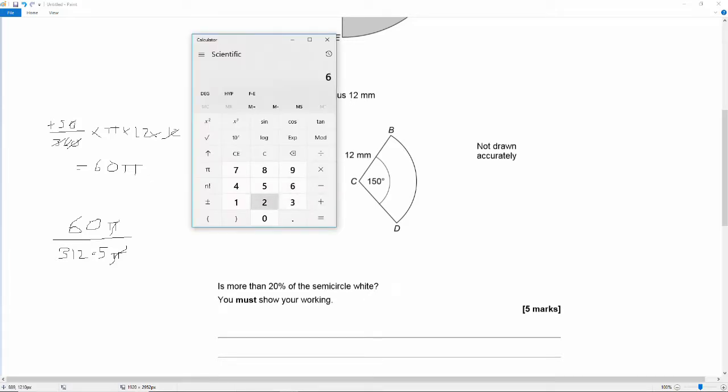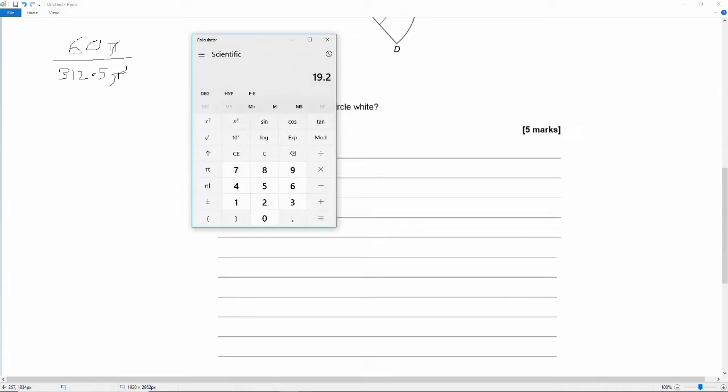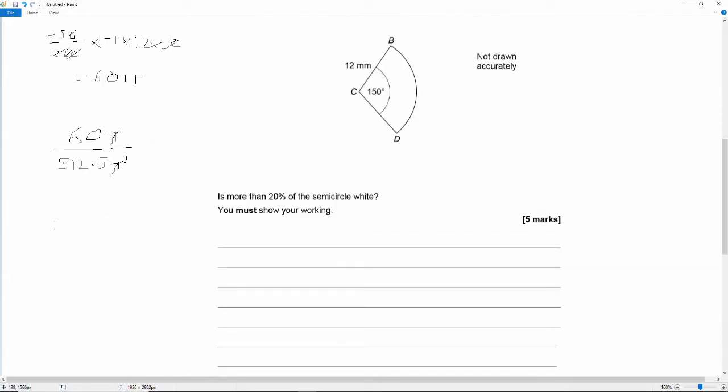So that's 60 divided by 312.5 equals 0.192, and if I multiply by 100, that's 19.2%. So is more than 20% of the semicircle white? The answer is no.